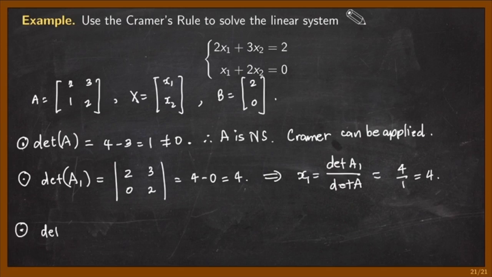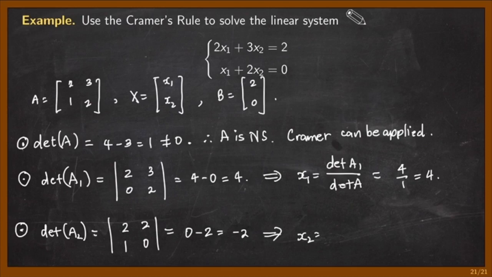The determinant of A2: now A2 is going to be the matrix obtained from A by replacing the second column by b. So you copy the first column of A, you replace the second column by b. And this determinant happens to be 0 minus 2, that's negative 2, right?